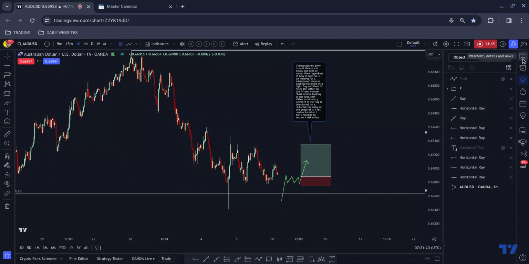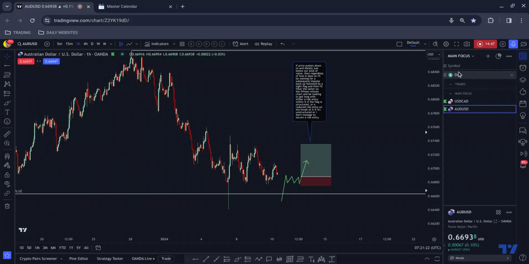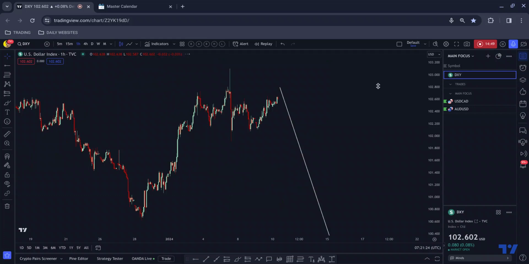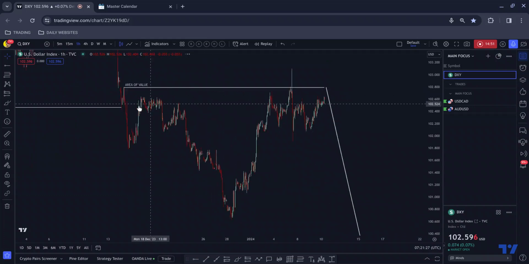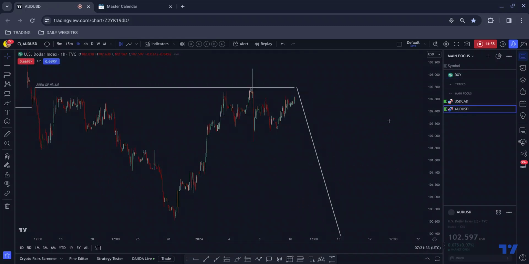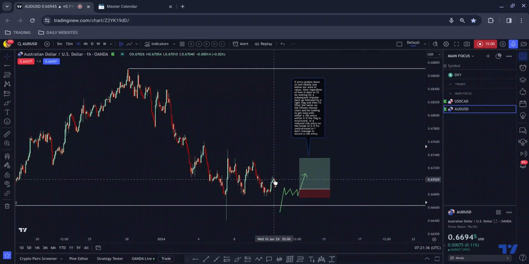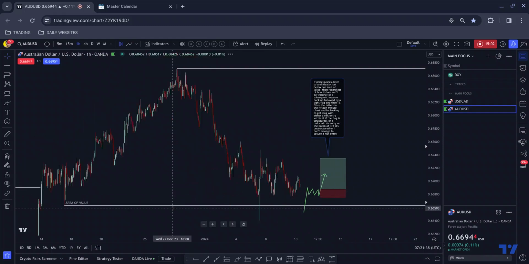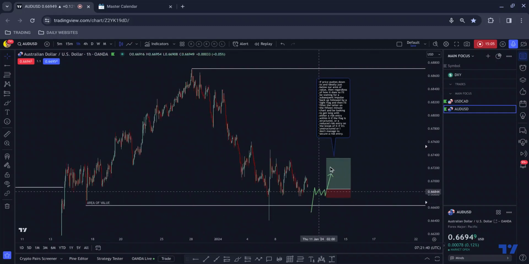And of course, once again, if the DXY is pushing up again to fill that wick, to tap into that high once again, because that was volatility. If this is pushing up and then it moves to the downside, then it's likely the Aussie dollar will push down to the downside, tap into that area and then move up.